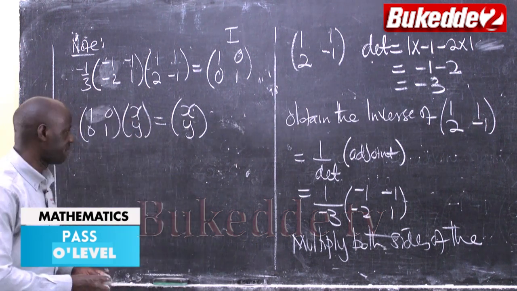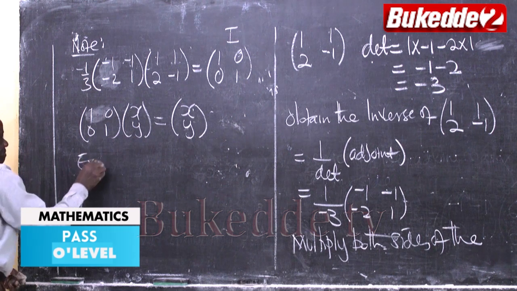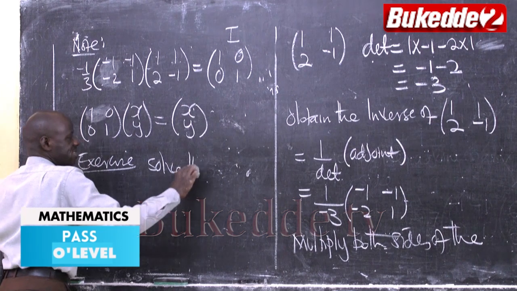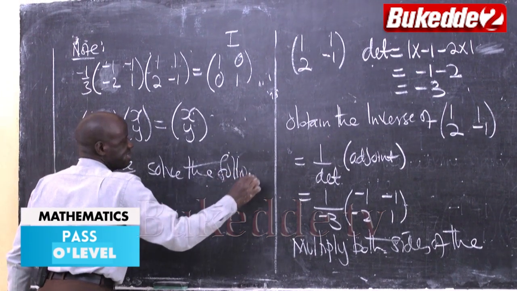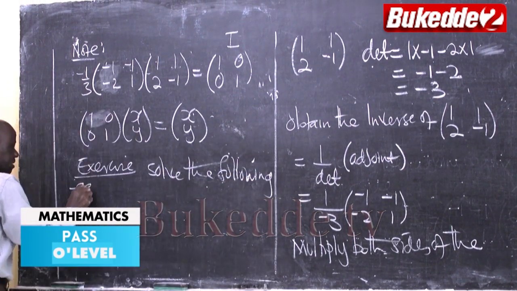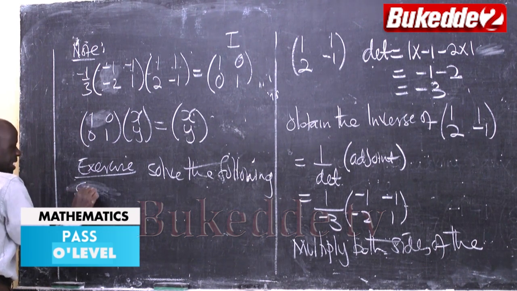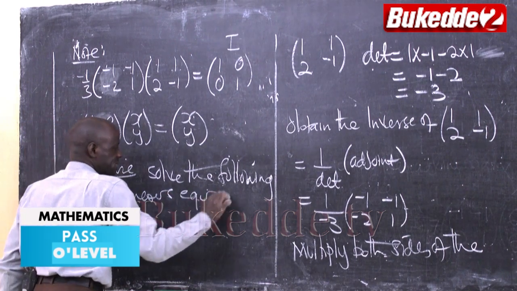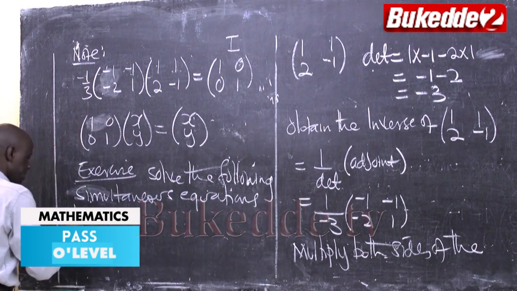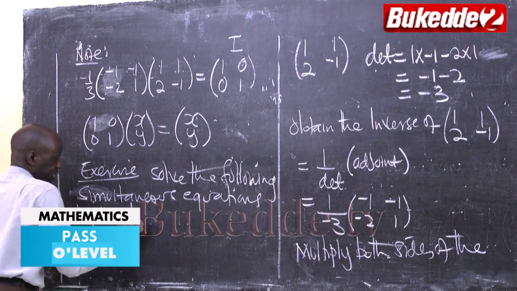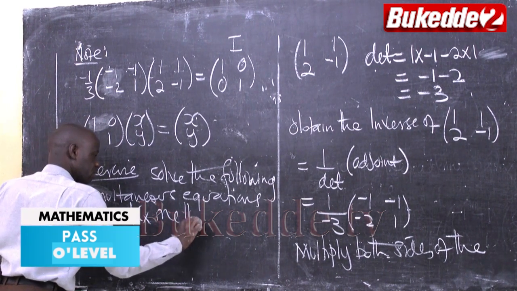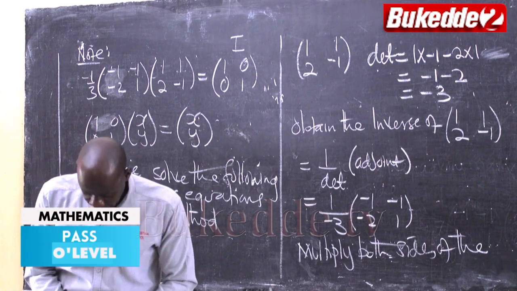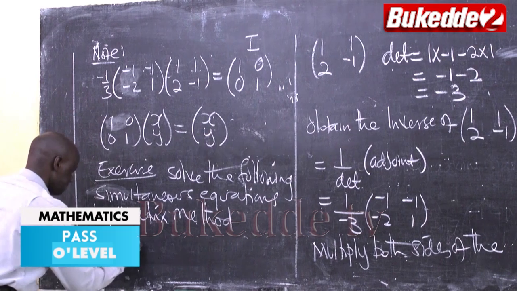Please help me solve these equations. Solve the following simultaneous equations by the matrix method. 1, I have here 2x minus 3y is equal to 7.